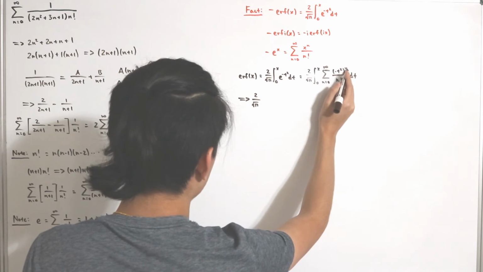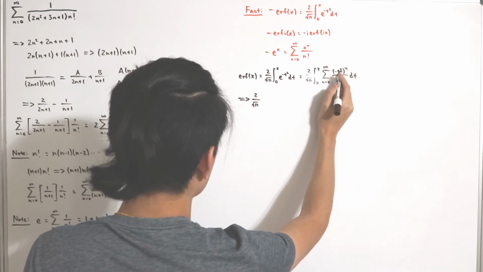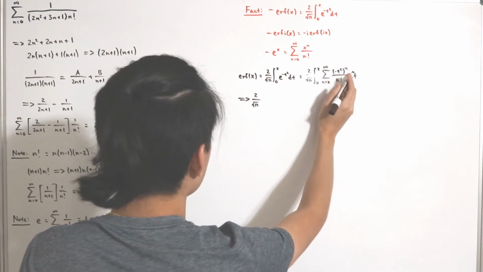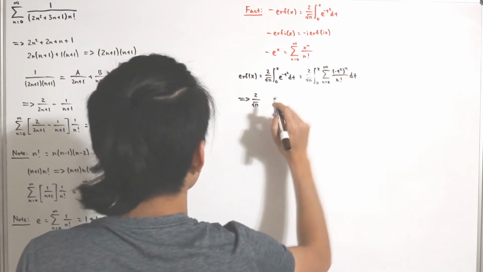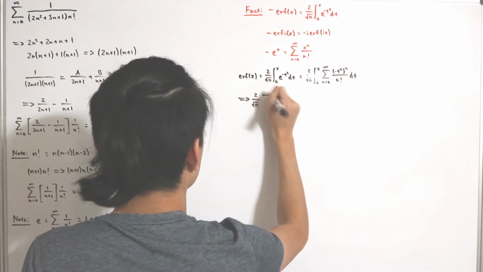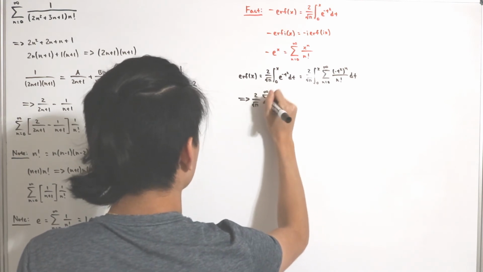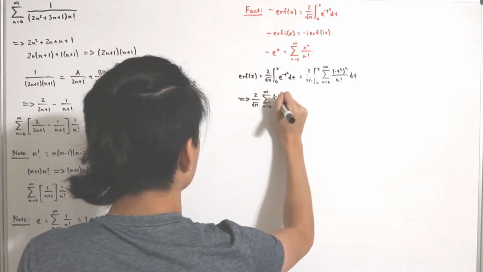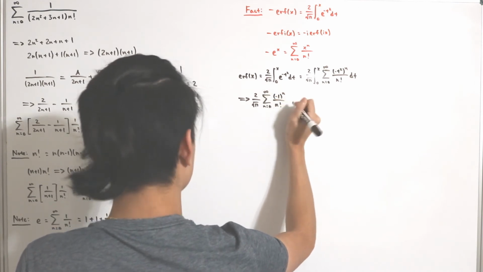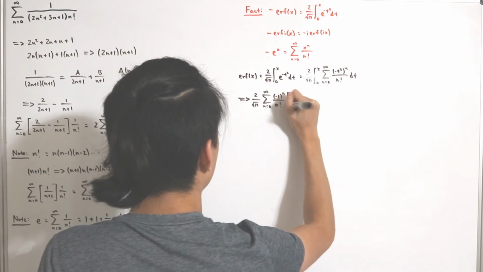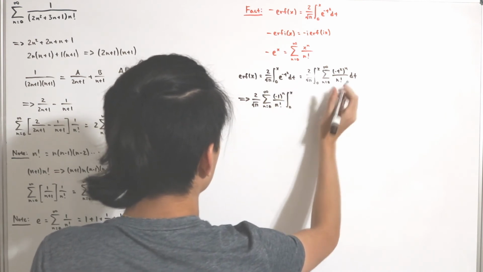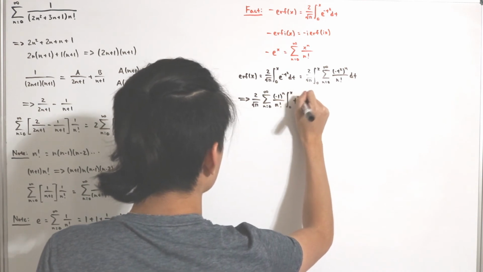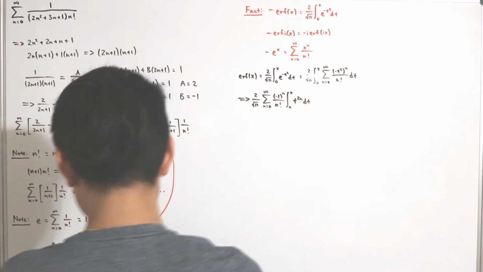Really, n is being distributed to the powers of both negative 1 and t squared. But the negative 1 is just a constant, so I'll move that outside and write the series again. So this is negative 1 to the n divided by n factorial, multiplied by our integral of t to the power 2n dt.